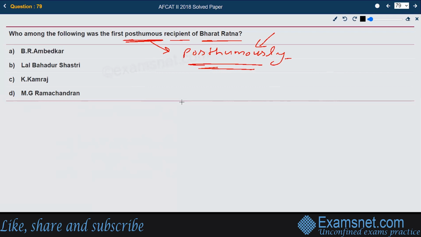The prime minister who got the posthumous Bharat Ratna is Lal Bahadur Shastri, the second prime minister of India.